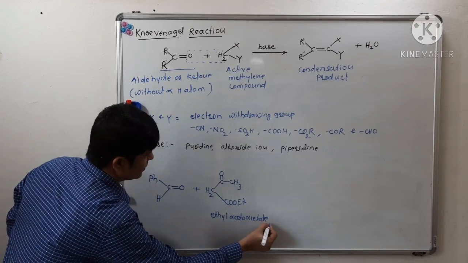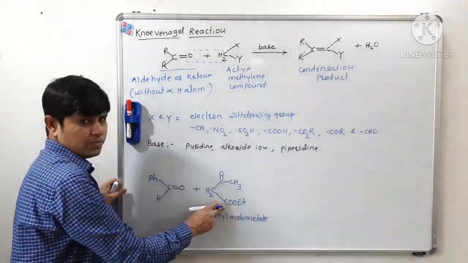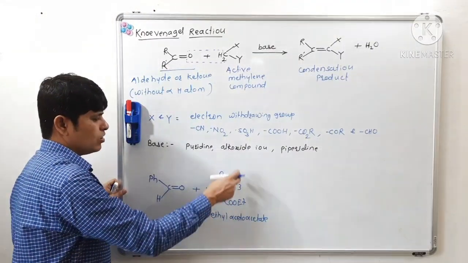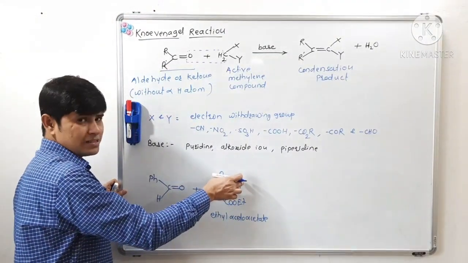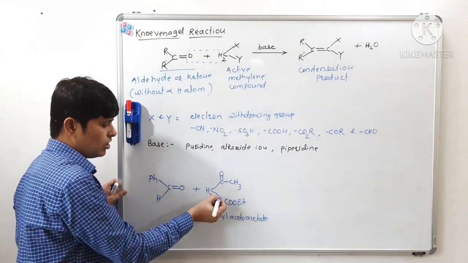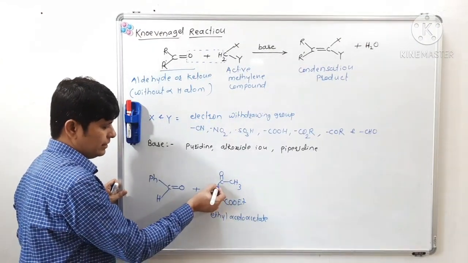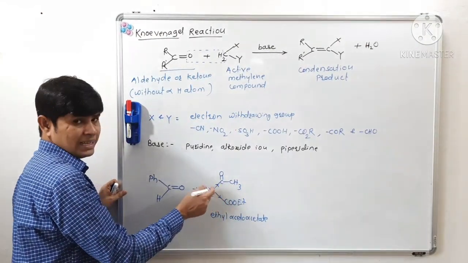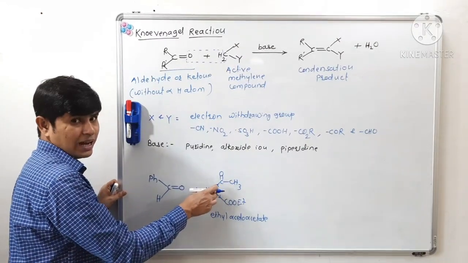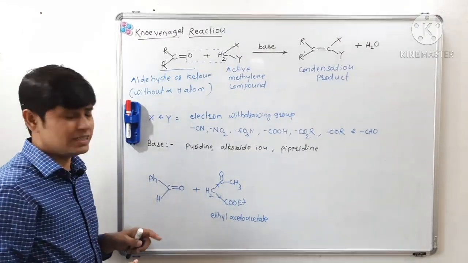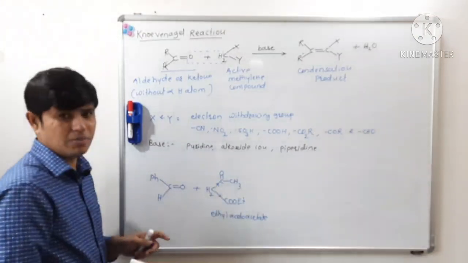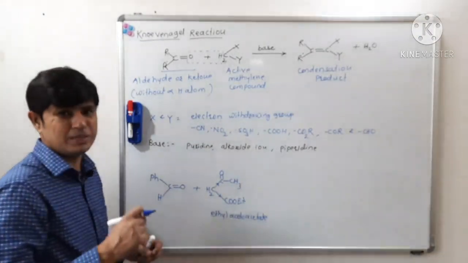Here is an ester group, ethyl ester, and here it is a ketonic group. The ketonic group is also electron withdrawing and the ester is also electron withdrawing. Hence these two hydrogens are acidic hydrogens, and this methylene group is called active methylene group.